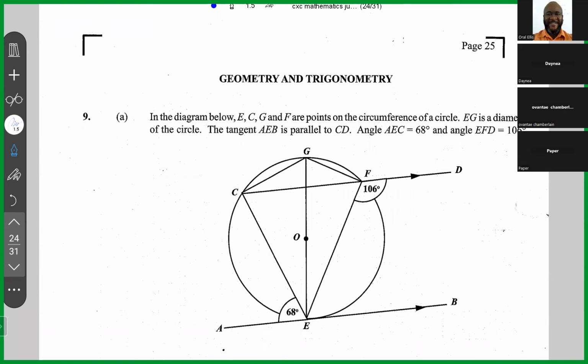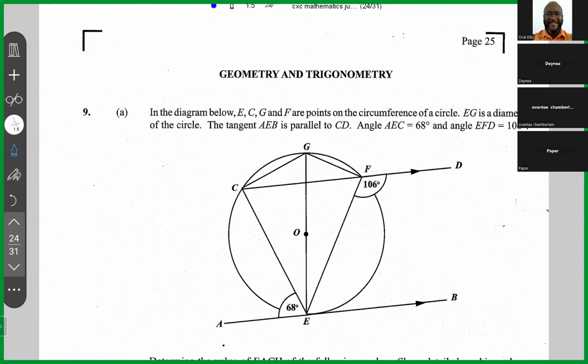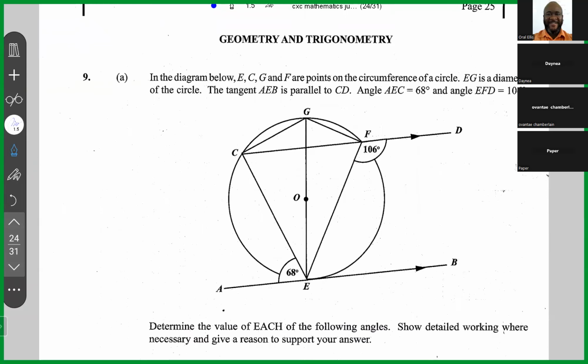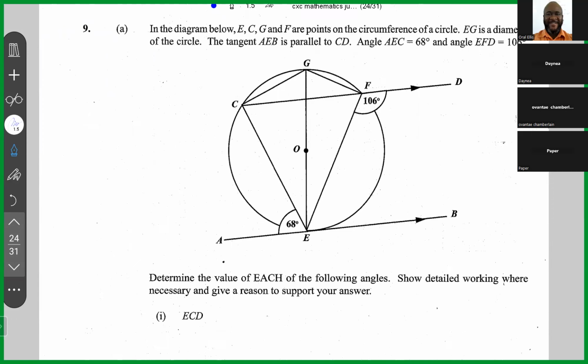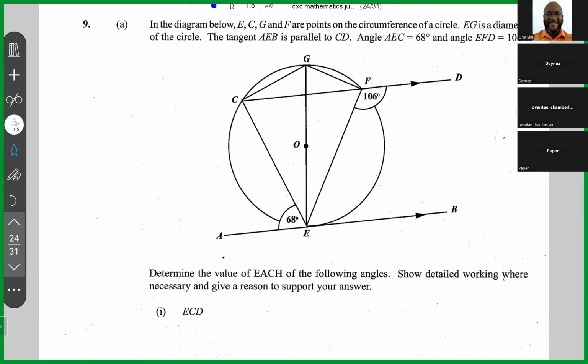So all that they just said, we can see in the diagram. Determine the value of each of the following angles, show detailed working where necessary, and give a reason to support your answer. We're asked to determine the size of angle ECD.